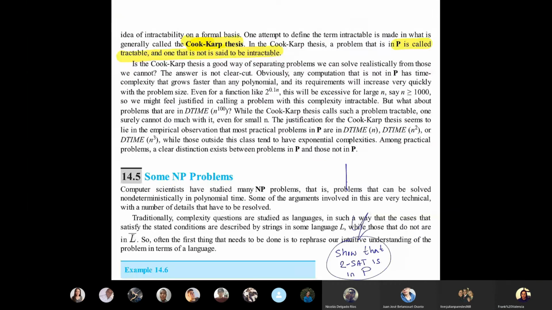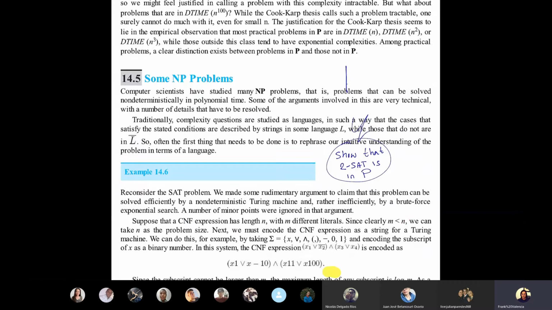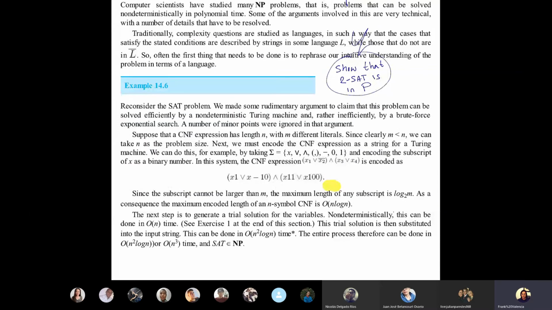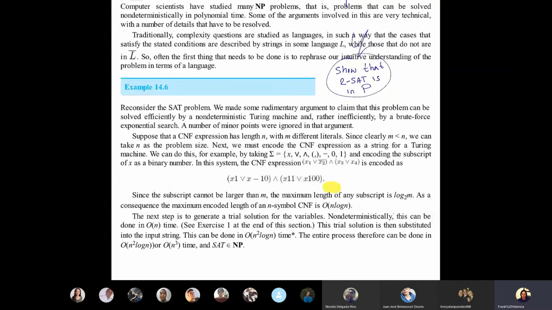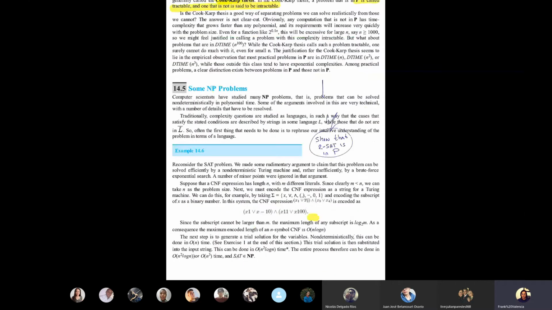So now we're going to see some NP problems. Well, we already saw SAT. SAT is in non-deterministic polynomial time. You remember how we showed that SAT was polynomially non-deterministic?